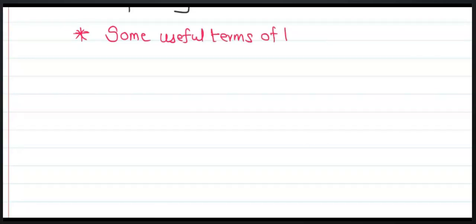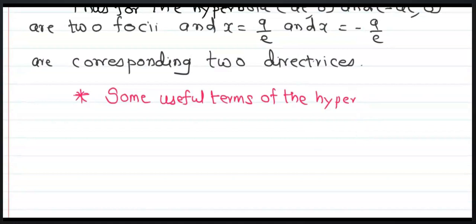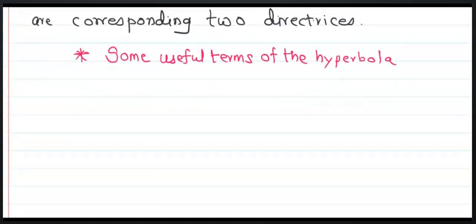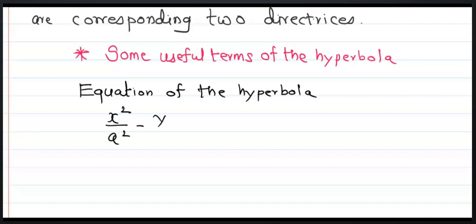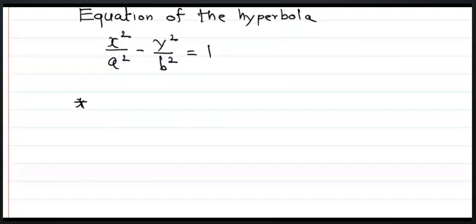Now some useful terms of the hyperbola. The equation of the hyperbola is x square upon a square minus y square upon b square equals 1.